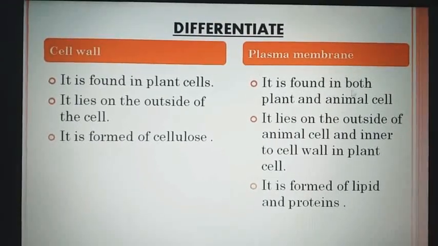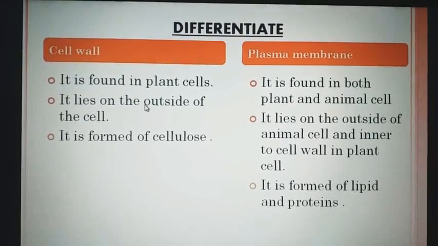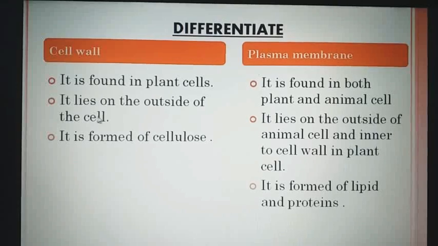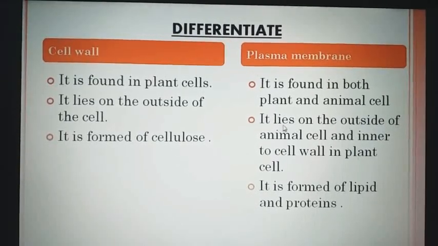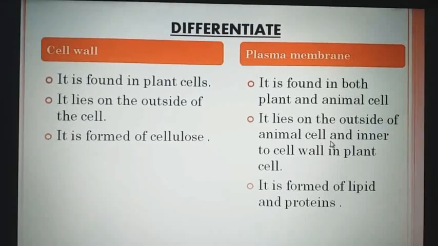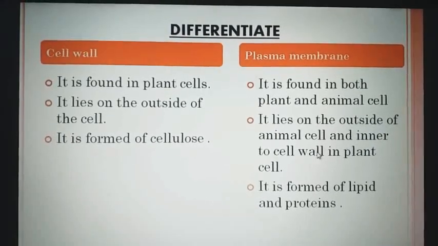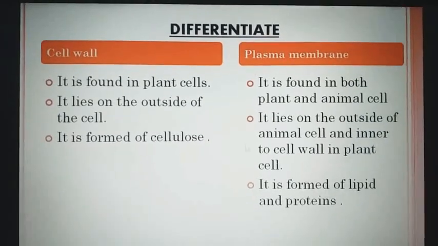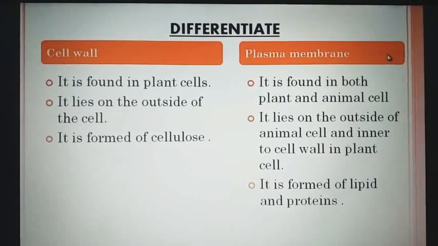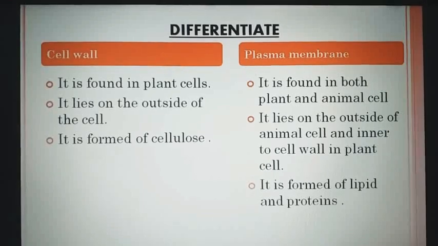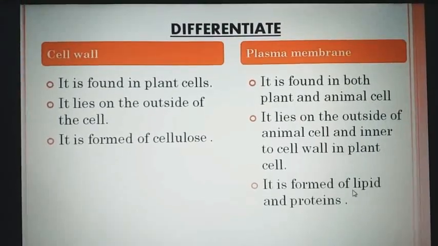Plasma membrane is found in both plant and animal cells. The cell wall lies on the outside of the cell in plant cells, whereas the plasma membrane lies on the outside of the animal cell and inner to the cell wall in plant cells. Cell wall is made up of cellulose, whereas plasma membrane is formed of lipids and proteins.